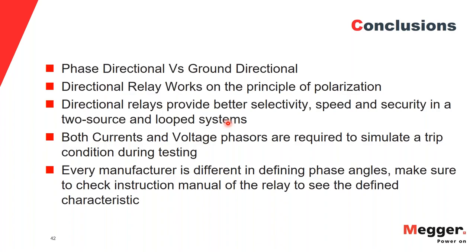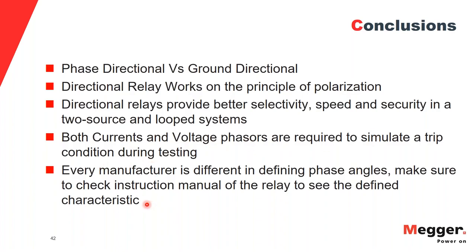Both current and voltage phasors are required. Keep in mind, traditional directional relays work on the concept of phasors, so you need to have both current phasor and voltage phasor in order to simulate a trip condition during testing.